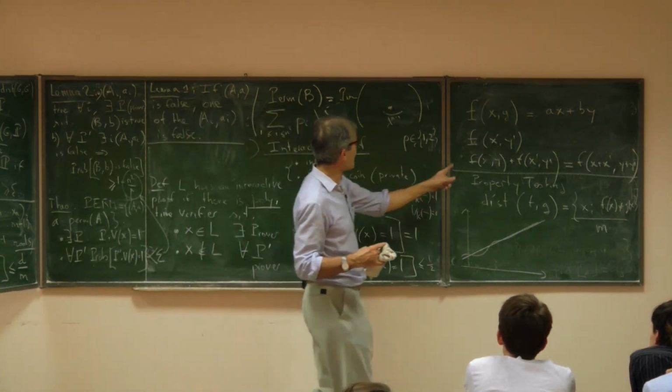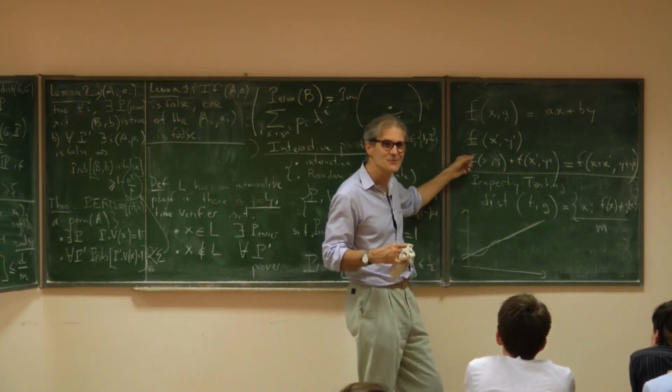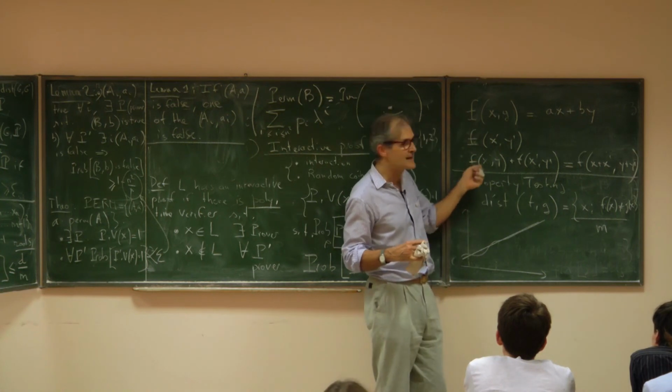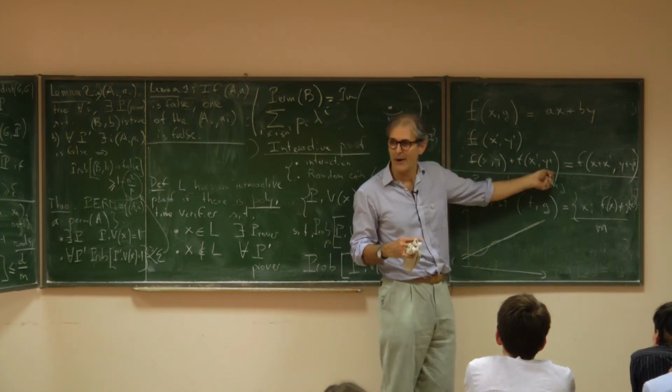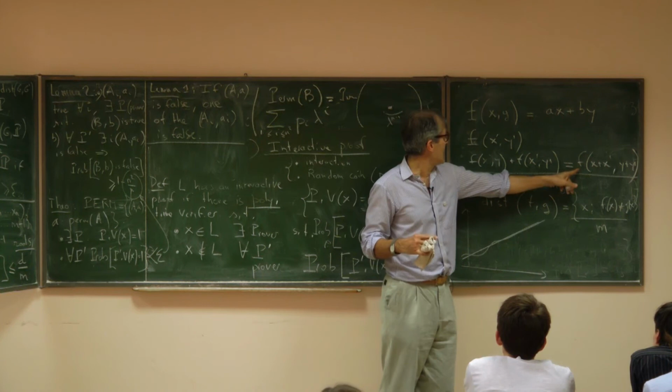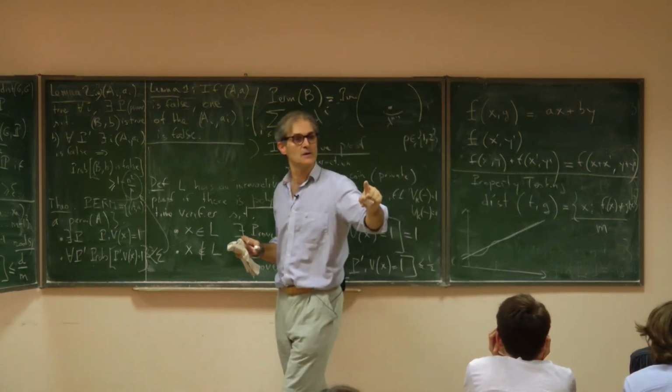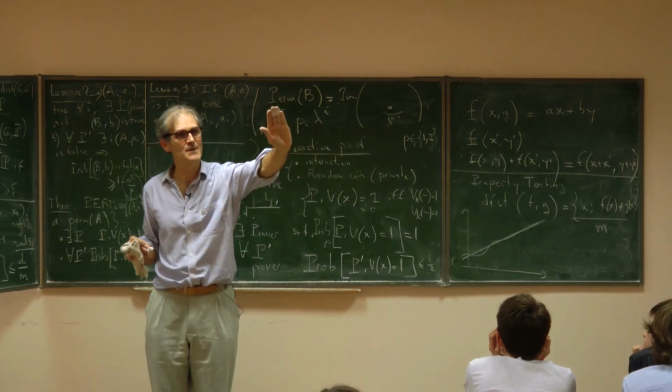So first of all, the test is this. Do this test. Take random x, random y, random x prime, random y prime, and see if you have this. If you hit one point where you don't have this, you reject.